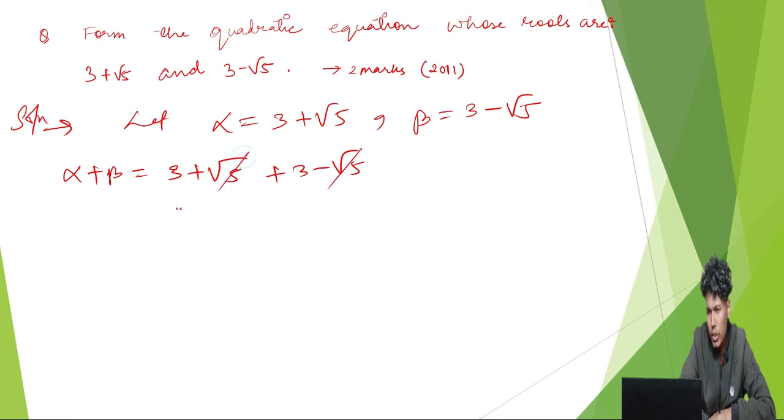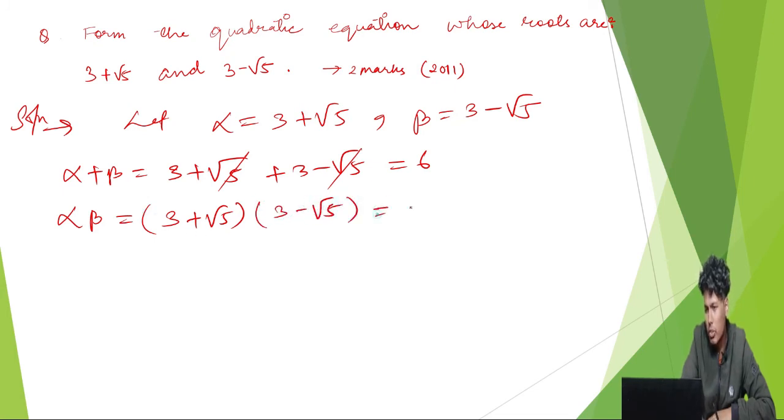Plus and minus cancel, so 3 plus 3 is 6. Another is alpha into beta. Alpha into beta will be 3 plus root 5 into 3 minus root 5. It is (a plus b)(a minus b), so it is 3 square minus root 5 square. So it is 9 minus 5, the roots cancel, which is equal to 4.